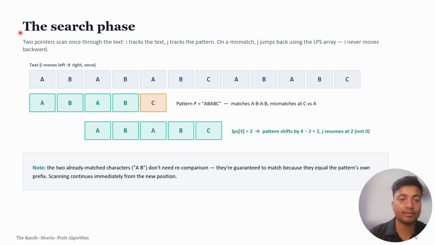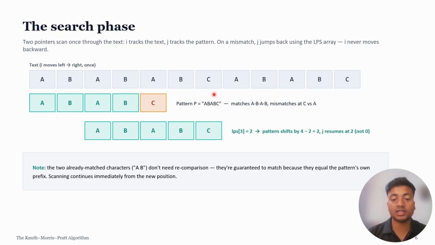In this slide we will learn about the search phase. Now the search begins. Two pointers are used. The first pointer moves through the text. The second pointer moves through the pattern. If characters match, both pointers move forward.